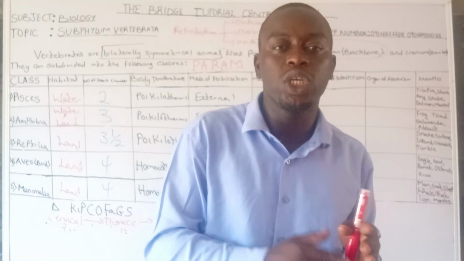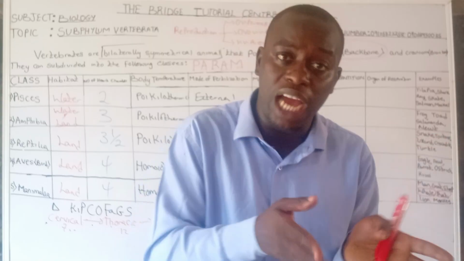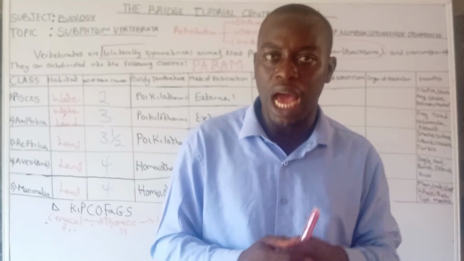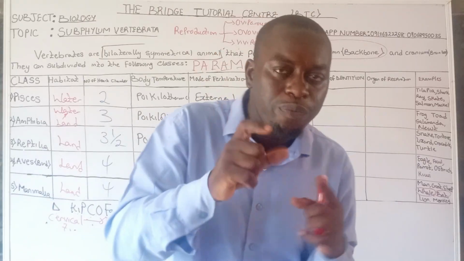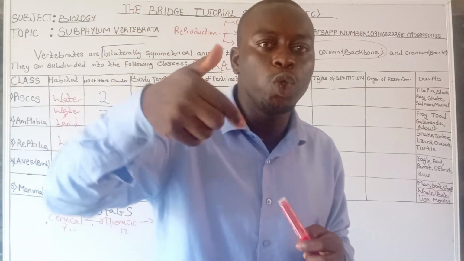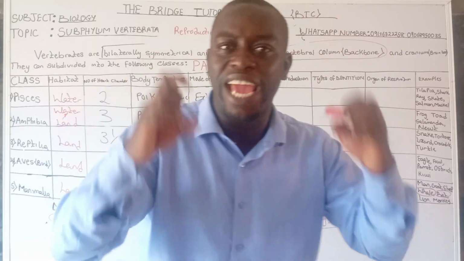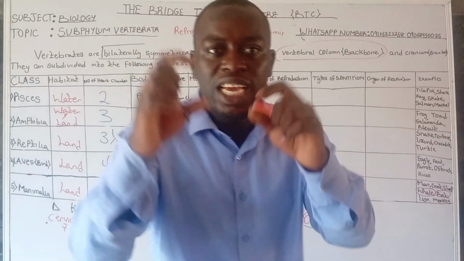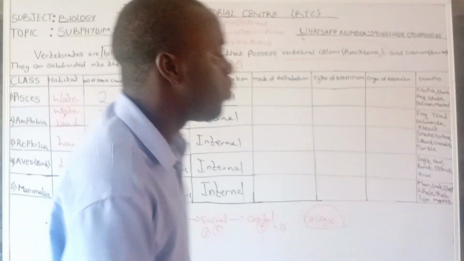So when they want to give birth, the egg will hatch, then the offspring comes out alive. So that's ovoviviparous. Don't forget, ovoviviparous also uses an egg. That is, the offspring is also nourished by the egg yolk. But the offspring develops inside the female body, not outside the female body.